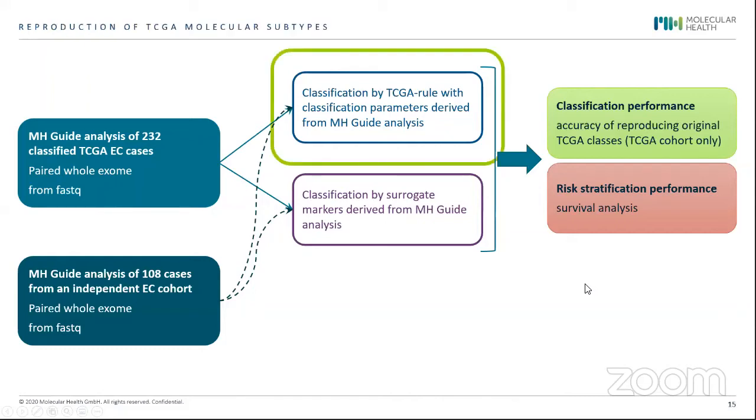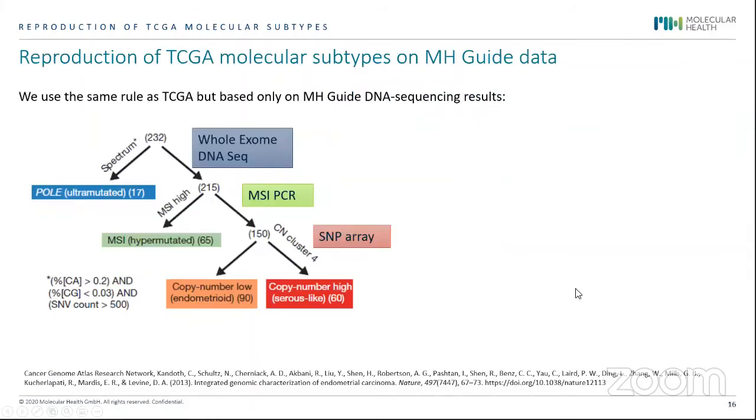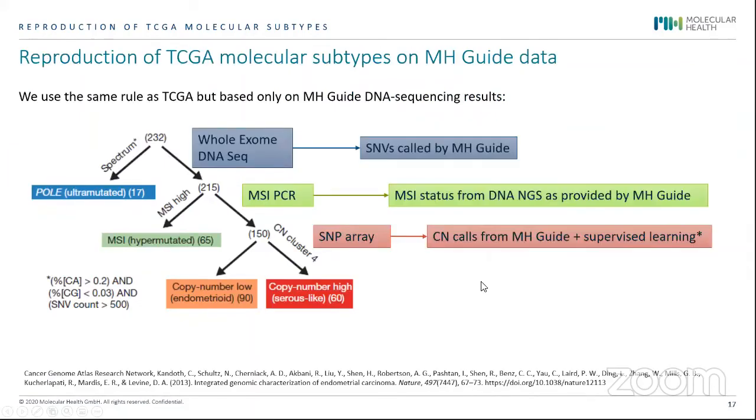Yeah, so starting with the classification by this TCGA rule. So this was the rule I've already explained. We replaced the SNVs with the SNVs called by MHGuide.